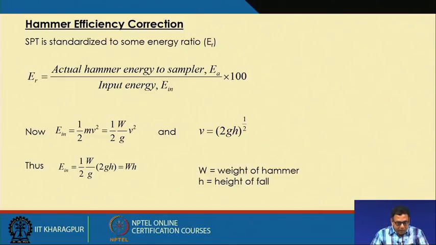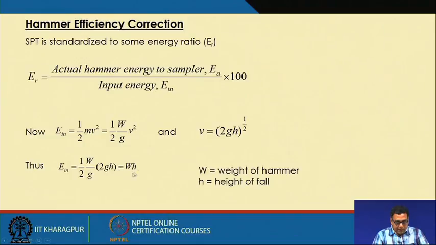So, you have to apply this hammer efficiency correction and represent them in a common format. Quickly, ER is the energy ratio, which is the actual hammer energy that you applied, relative to the theoretical or input energy. The theoretical energy is the weight of the hammer times the free fall height.